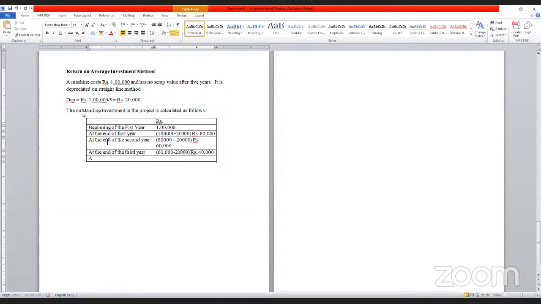Next, at the end of the fourth year, that is 40,000 minus 20,000, that will be rupees 20,000.